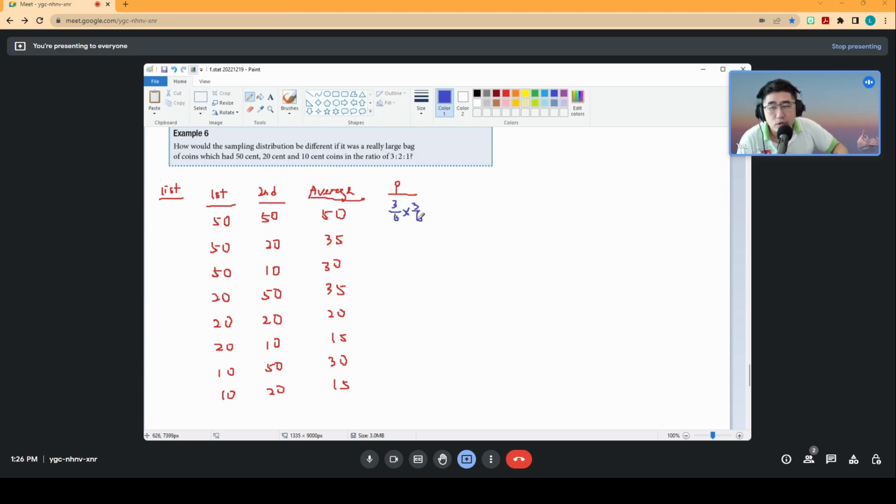So you have 3 over 6 times 2 over 6, and this one becomes 3 over 6 times 1 over 6, and this one 2 over 6 times 3 over 6, this one 2 over 6 times 2 over 6, this one 2 over 6 times 1 over 6, this one 1 over 6 times 3 over 6, and this one is 1 over 6 times 2 over 6.